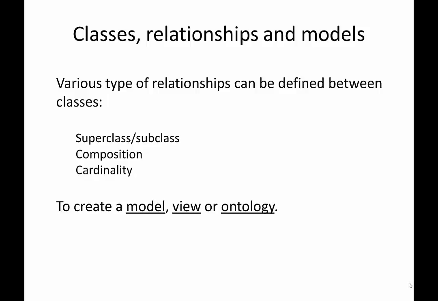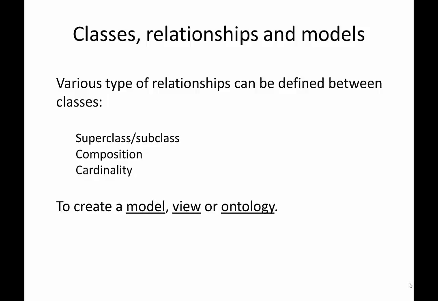We can also define composition, and I'll explain that in more detail in due course, and the one we're familiar with, cardinality. In the relational model, you can only really define cardinality, but we've got these other relationships that we can also define between objects.